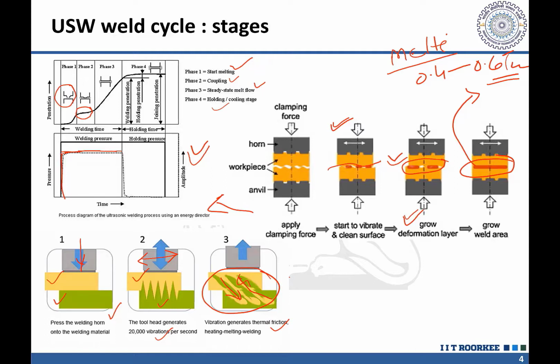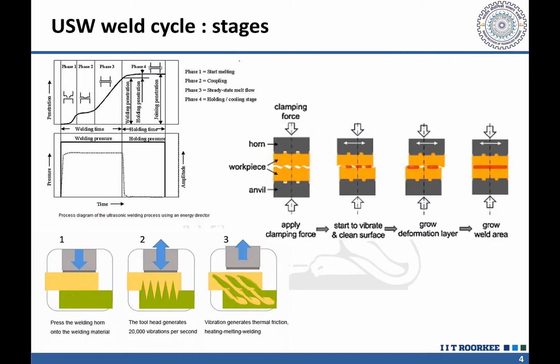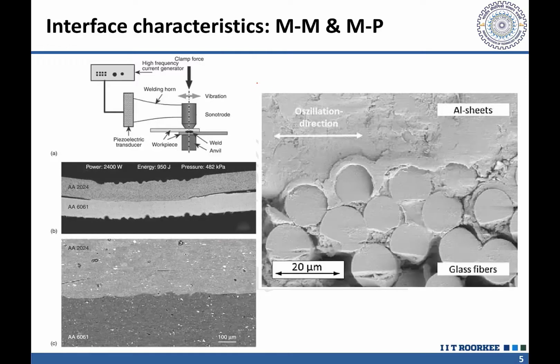Okay, so these are the four different stages in case of the polymeric material, where we can see the melting starts in stage 1, then coupling, then steady state flow, and then holding, the cooling stage. The pressure up to the third stage is maintained, and thereafter it is reduced in the cooling stage.